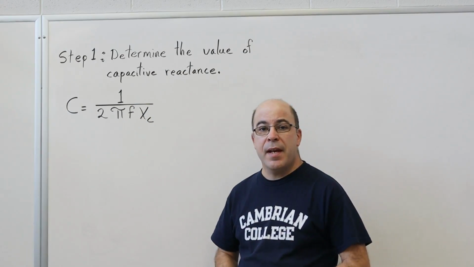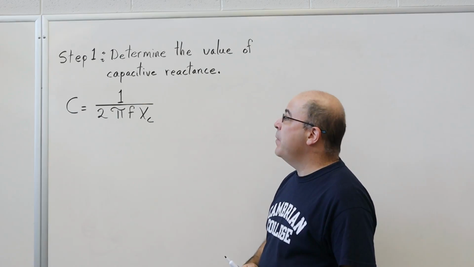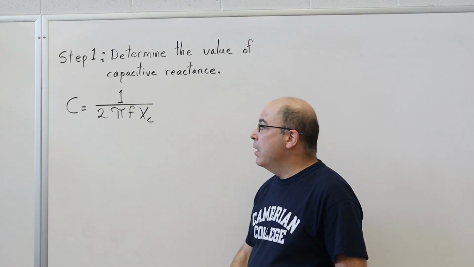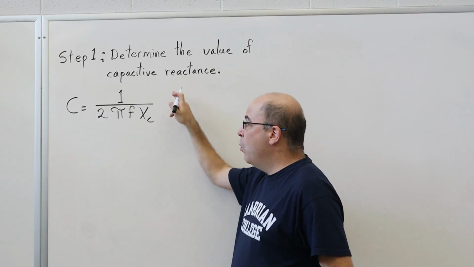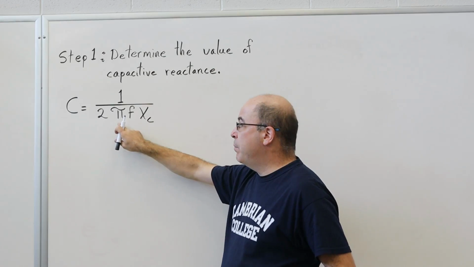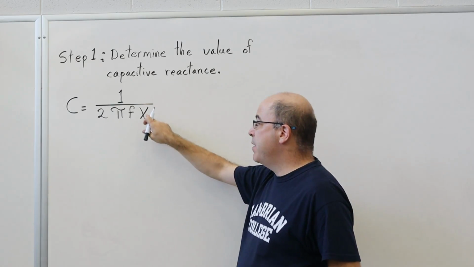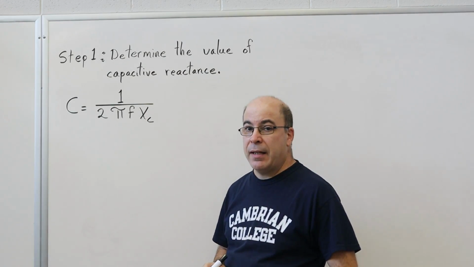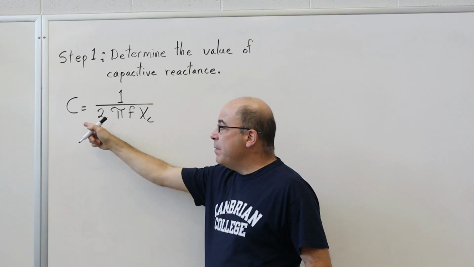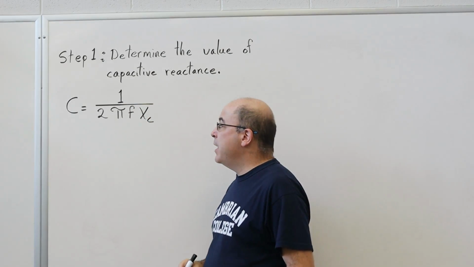Here, our first step is going to be to determine the value of capacitive reactance using the following formula. Capacitance is equal to 1 over 2 times pi times the frequency times the capacitive reactance. Well, here I'm looking for capacitive reactance, so we're going to have to modify this formula, and it's quite easy.